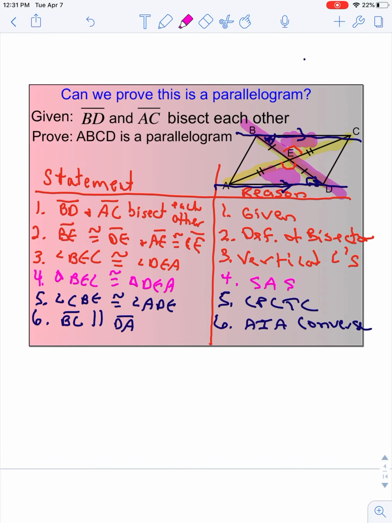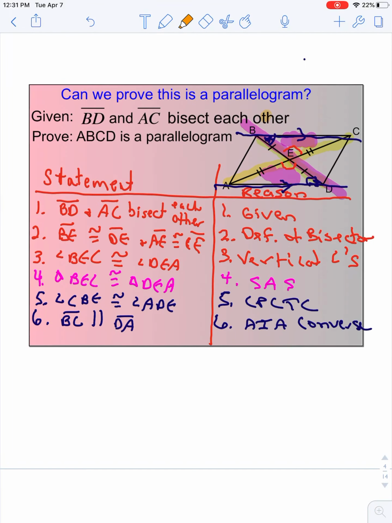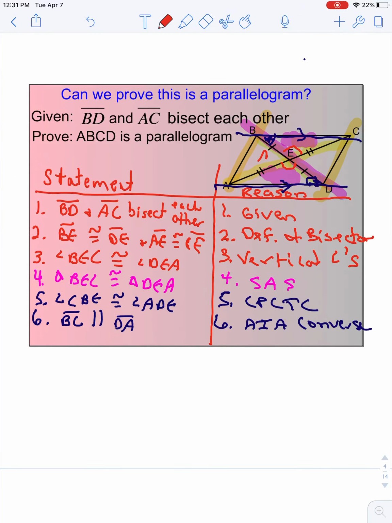But now what I also need to do is show that these two lines are also parallel. Well, all I need to do to show that is go through the same thing and show that these two triangles are congruent. And I already know the sides are congruent for those two triangles. That was given. So all I need to do now is use vertical angles again.